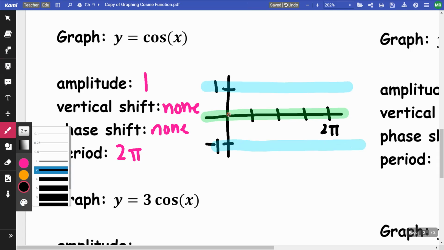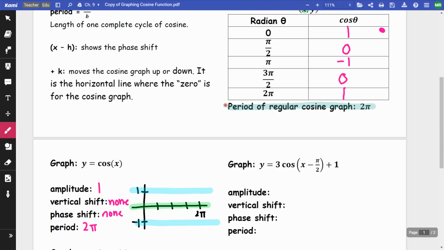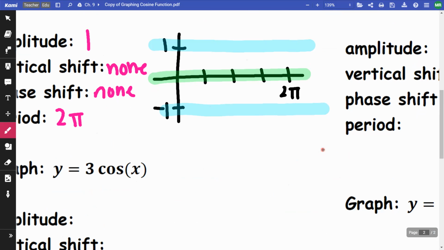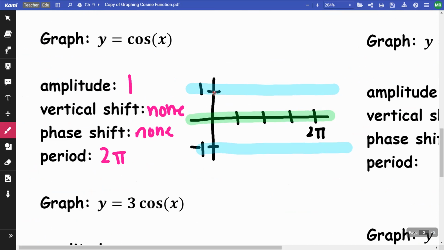Then I'm going to graph my points. Now, when I'm graphing these points, I am going to start on my first one here, my 0. Remember, I start at 1, I end at 1. My sine, I start and end at 0. But for this, my cosine, I start at 1, I end at 1.